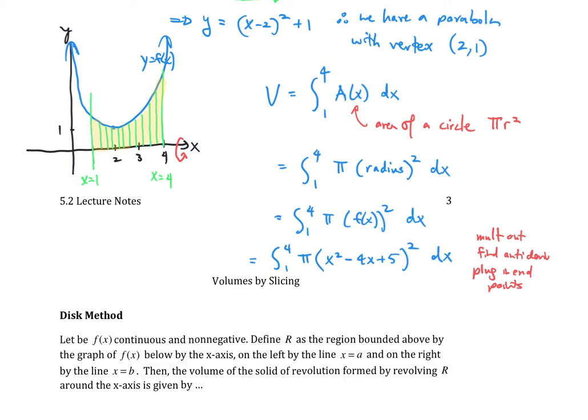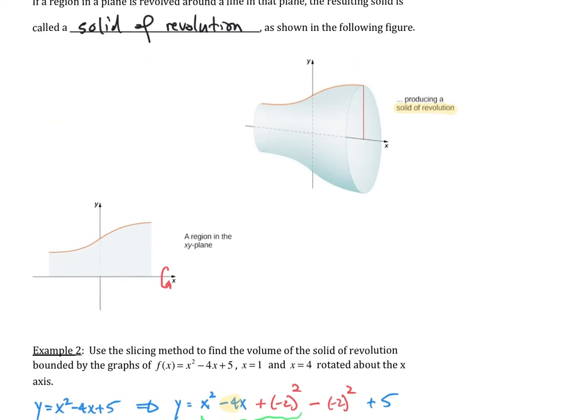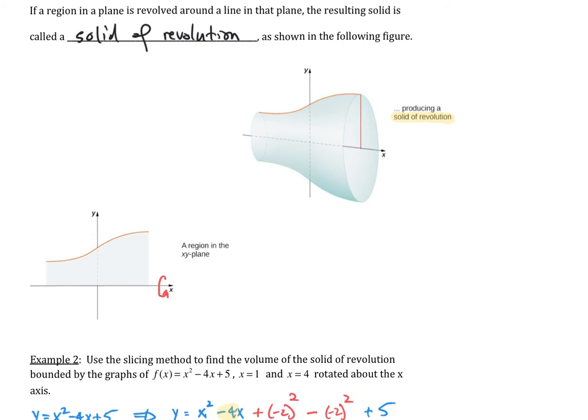Okay, so this is how we're going to do the volume of a solid of revolution. In the next couple of videos, we're going to break these things down into two categories. One category is something called the disk method. And the other method we're going to call the washer method.